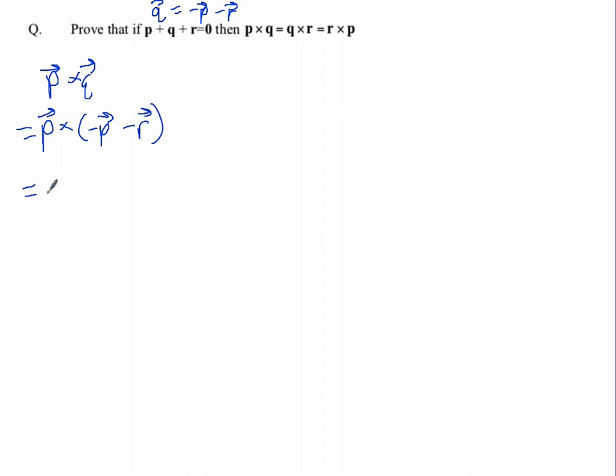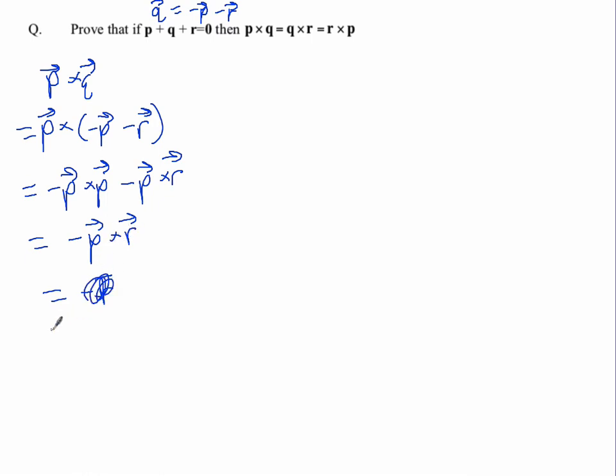We're going to get negative P cross P minus P cross R. And remember, P cross P gives you the zero vector, so this is negative P cross R, which equals positive. Remember, if I rearrange them, it changes the sign. So that equals R cross P by one of the properties we just talked about, right?